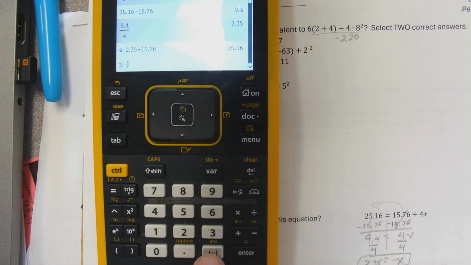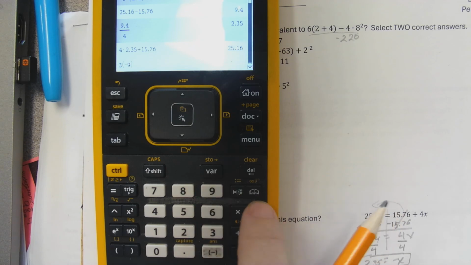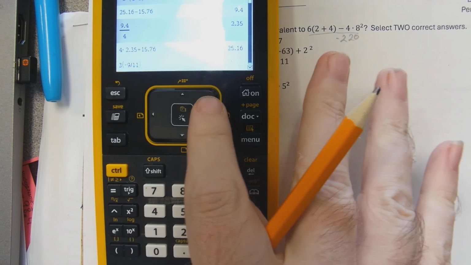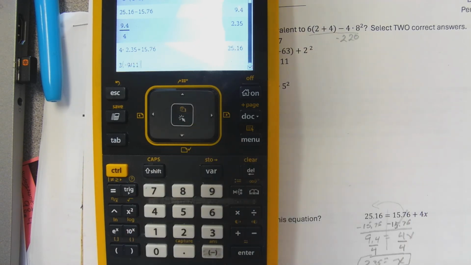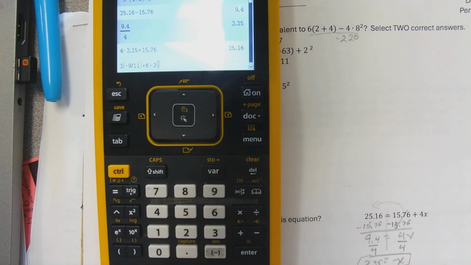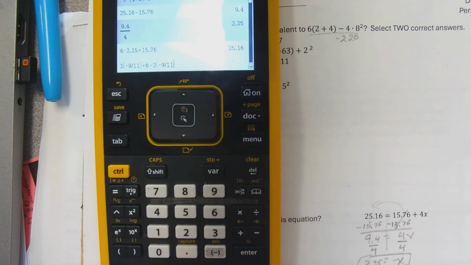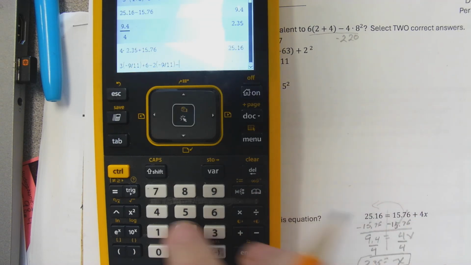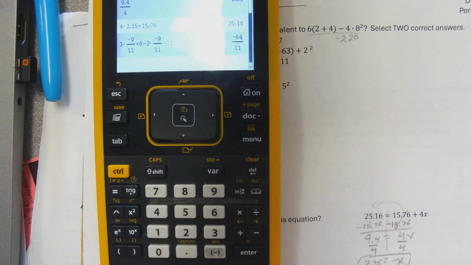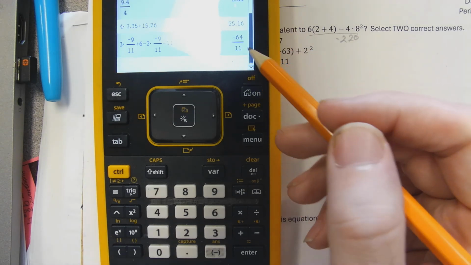So 3 negative 9 divided by 11 plus 6 minus 2 parenthesis negative 9 divided by 11, leave the parenthesis, minus 11. Press enter. And so I get negative 64 over 11.